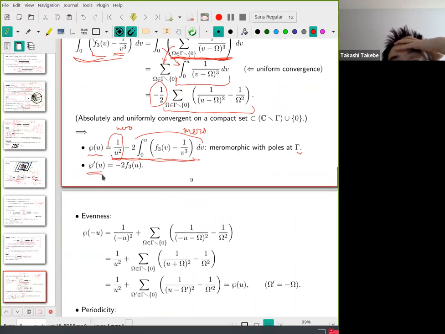Moreover, the derivative of this function is of course F3. Because the derivative of this part is minus 2 times F3 plus the derivative of this part, which cancels with the derivative of this part.